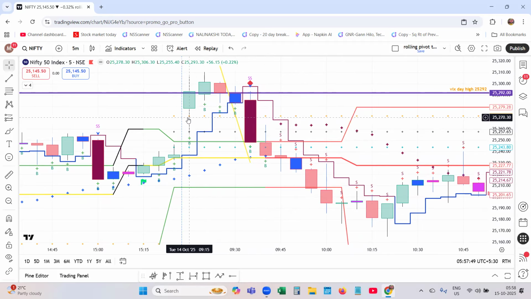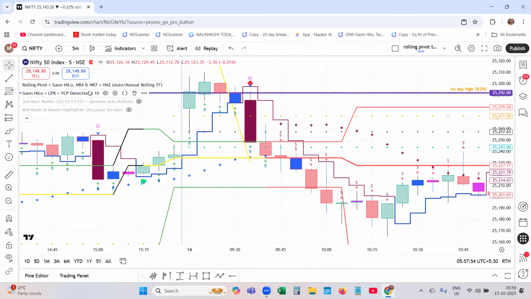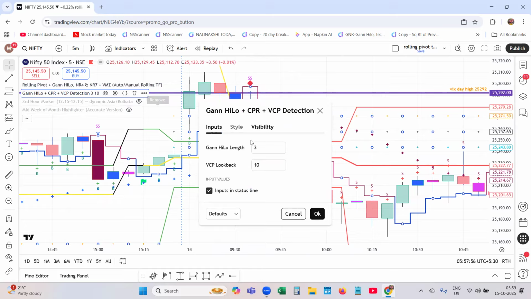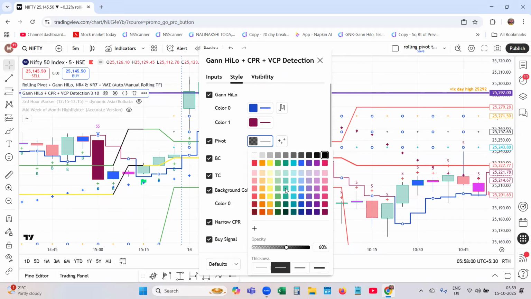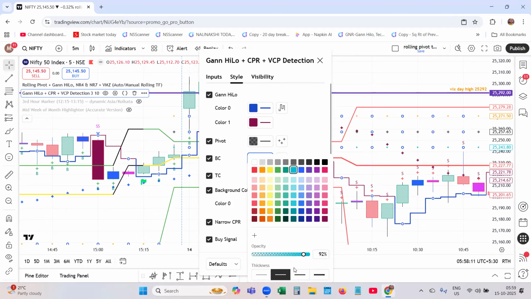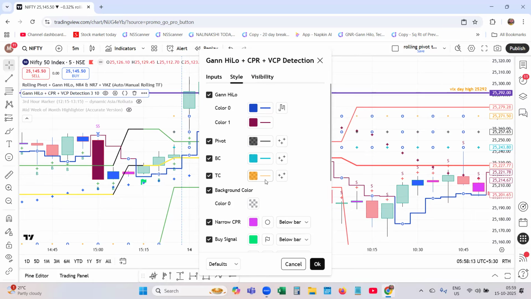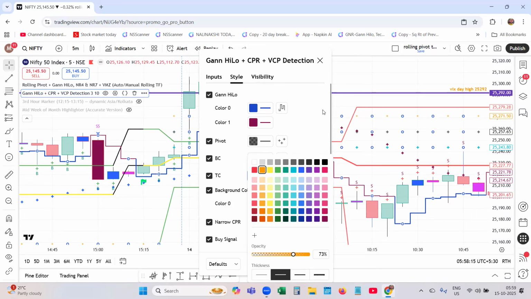Instead of that, I have preferred a cross. Let me make it dark so that you can see a little bit. Okay, I'll make it a little bit thicker so that you can see over here.